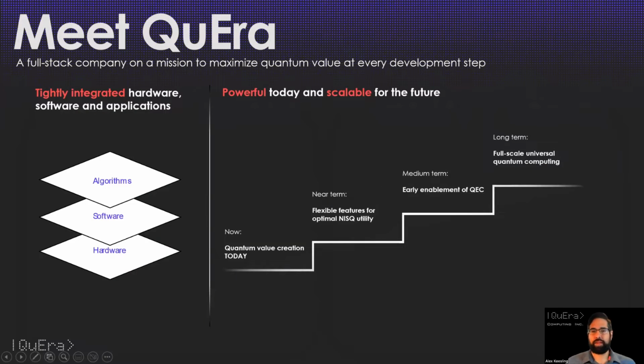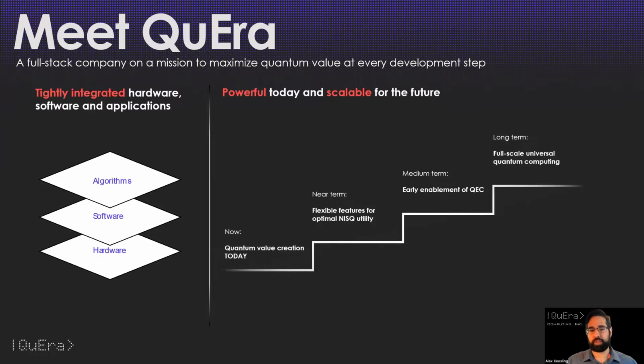At QuEra, we are working towards a future of large, full-scale universal quantum computers. And we are doing so in a way that allows us to provide value at every step along the way, starting today with NISQ devices and enabling tools for early quantum error correction work in the medium term.